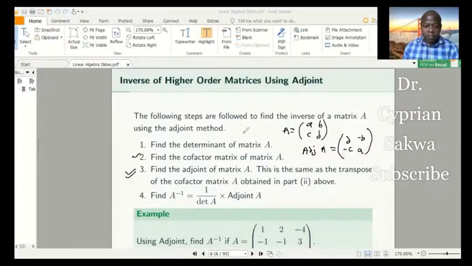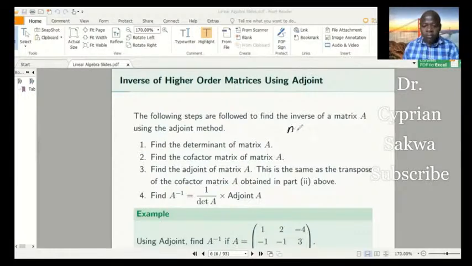So again, let me just remind you what the transpose is. The transpose of a matrix is the new matrix that you obtain when you make the rows become columns, or when you make columns become rows.